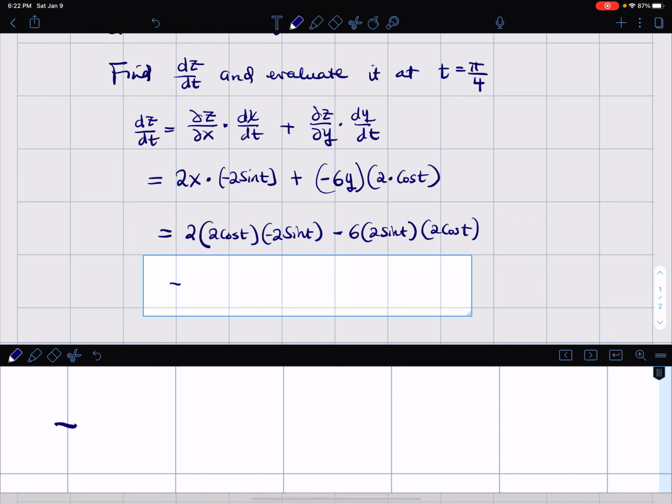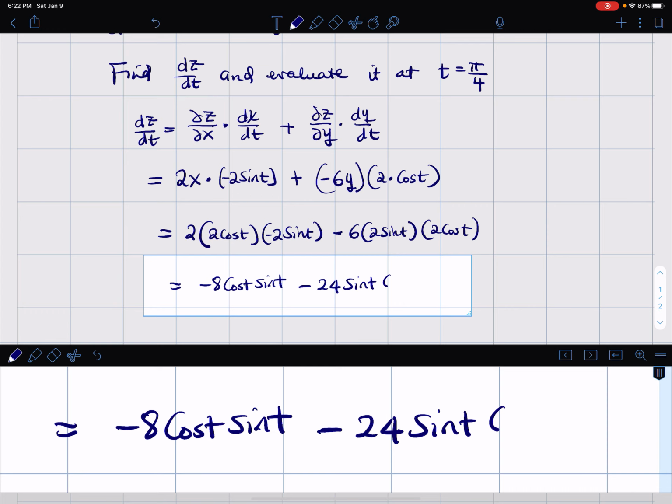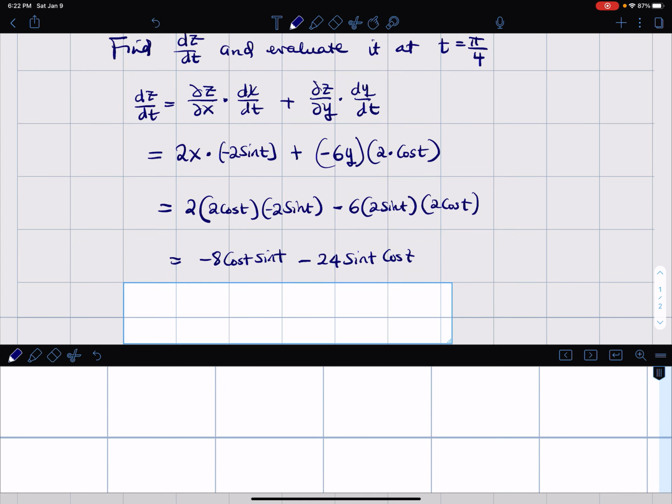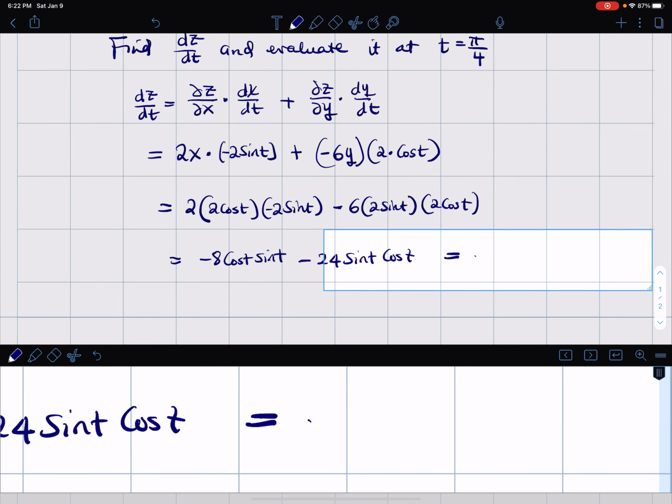So this will give you negative 8 cosine t sine t minus 24 sine t cosine t. So this is equal to minus 32 sine t cosine t.